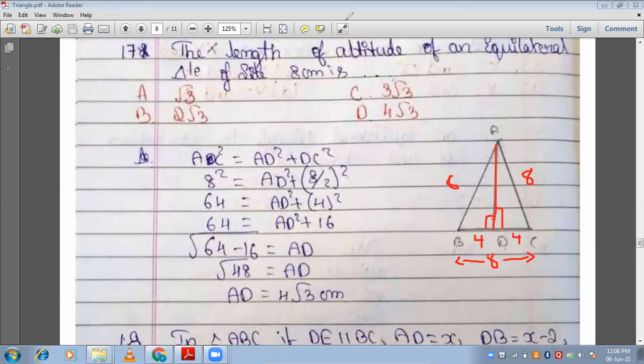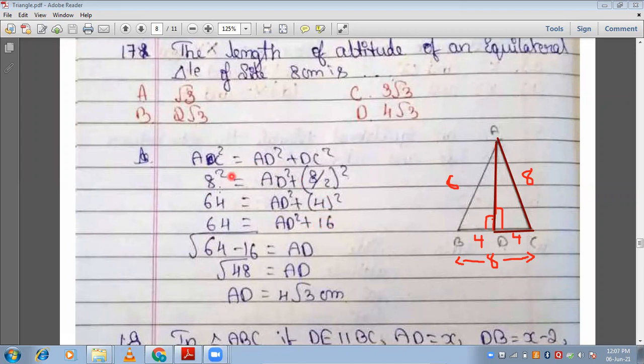Now take triangle ADC. For this, apply Pythagoras theorem. AC square is equal to AD square plus DC square. AC is 8, so 8 square is equal to AD square plus 8 by 2, which is 4, square. 8 eights are 64 equals AD square plus 4 square. So 64 is equal to AD square plus 16.